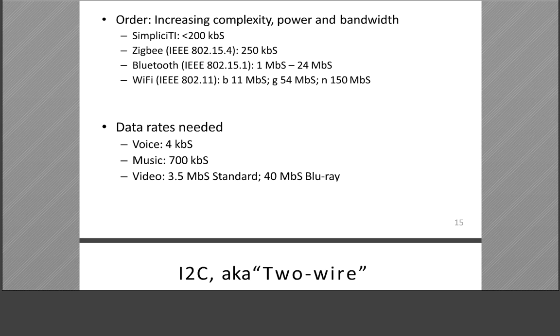Why 64 kilobit per second? Because 8 kilo samples per second multiplied by 8 bits per sample means 64 kilobit per second. That's right.